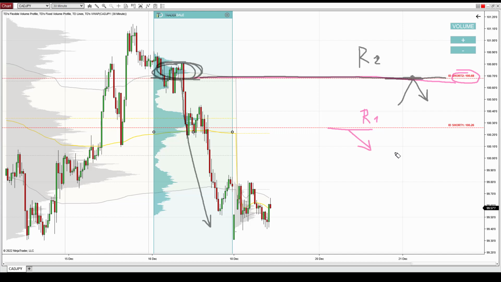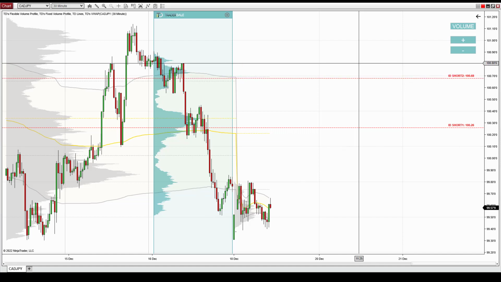So the ideal scenario is the price makes a pullback to the first resistance at 100.26, makes a reaction, then pullback to 100.68 and a reaction. Alright, so that's the Canadian dollar Japanese yen.